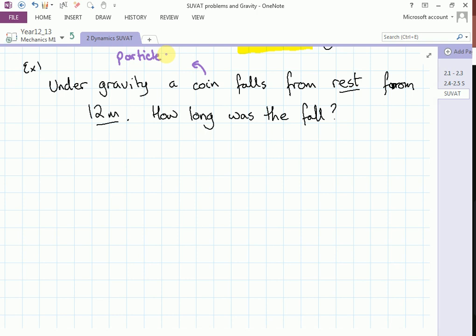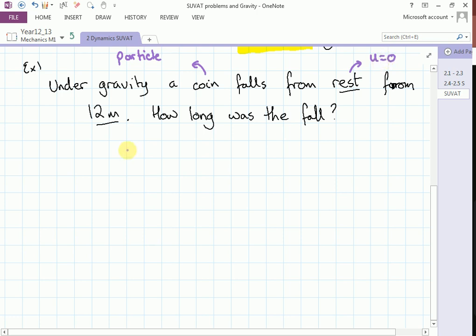No air friction. Yeah. The particle also means, because it's got no size, we've got no rolling motions. It just moves magically. We don't know if it's sliding, we don't know if it's rolling. It's just moving magically, so there's nothing to worry about with them. That's the point about a particle. What does rest mean? 0. Yeah, so we now know a variable u equals 0.